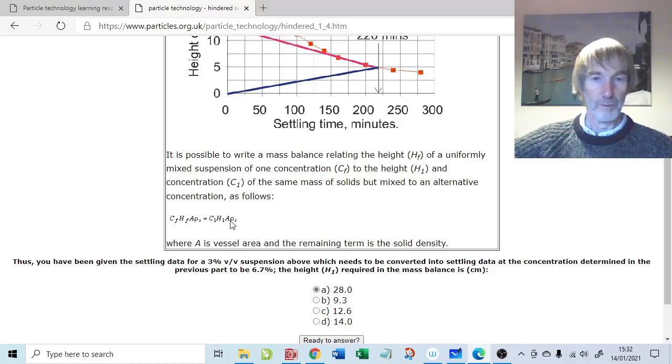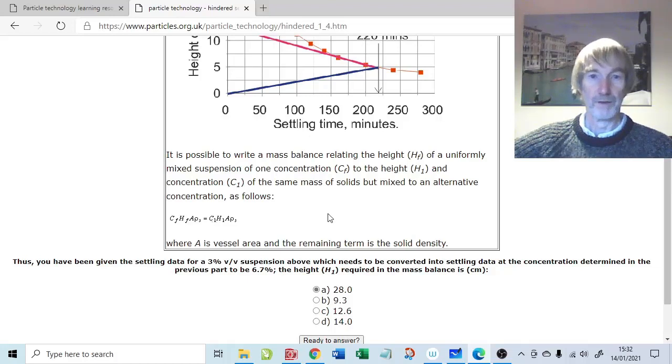As the batch cylinder contains solids that haven't been moved or diluted, then it must be the same volume of solids, and that's just a material balance, so we can work out different heights for the same amount of solids if we know what the different concentrations are.